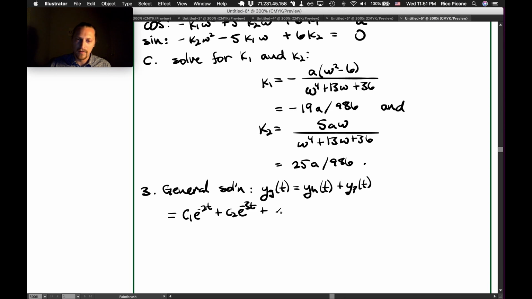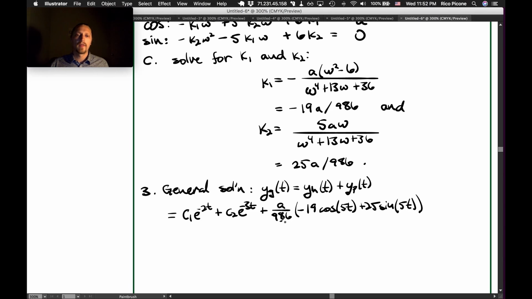It's not my favorite, but sometimes you play a little fast and loose with your principles. You should never do that. You should do it a little. It's kind of important, I think. So a over 986 times negative 19 cosine of 5t plus 25 sine of 5t.